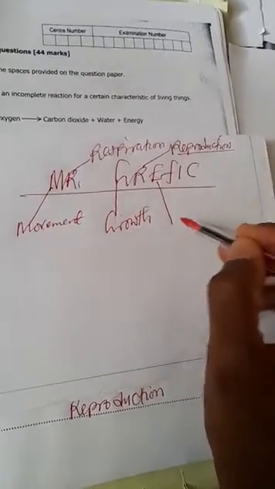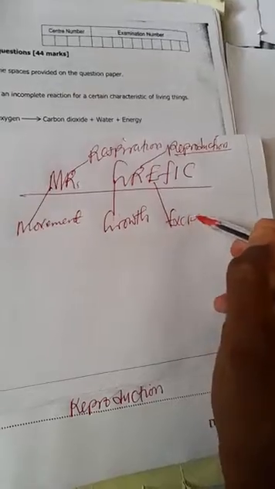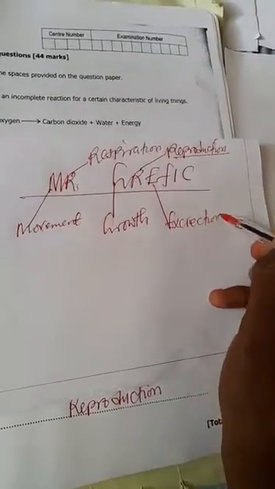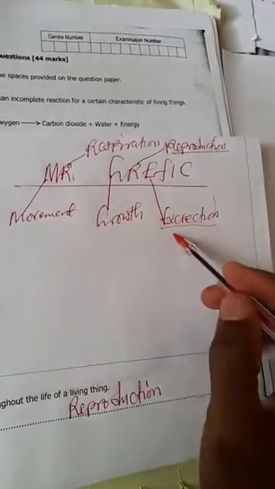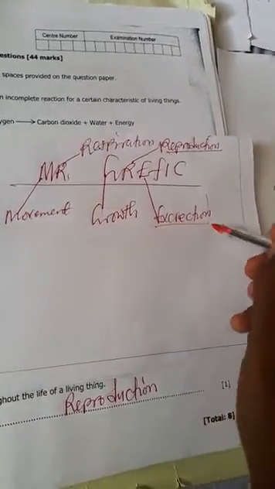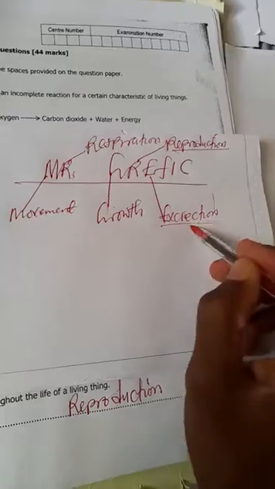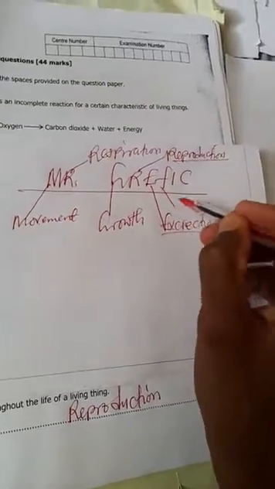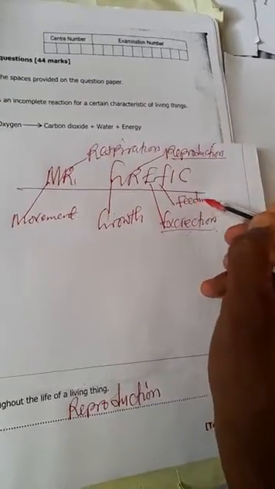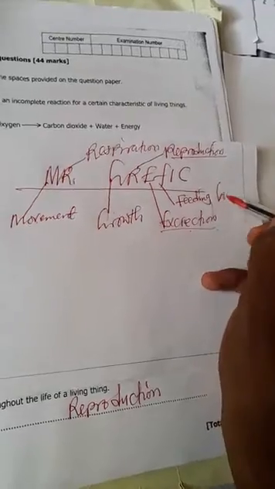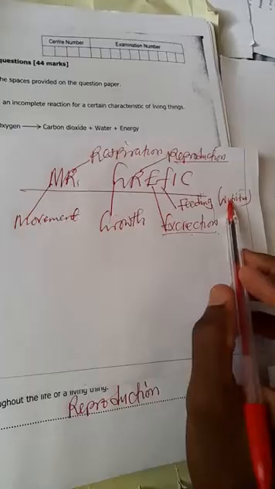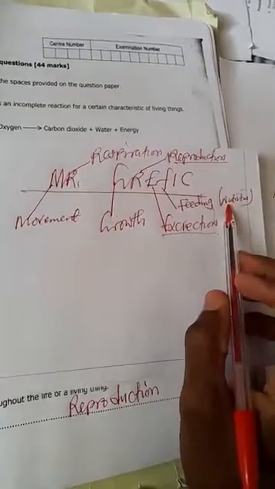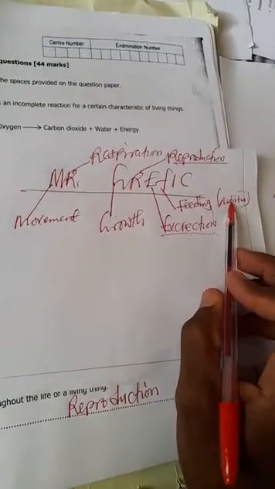We pick this one. This stands for excretion. This is the process by which toxic metabolic wastes are removed from the body of the living organism. F will go for feeding. Feeding or nutrition. Nutrition is the process by which living organisms obtain food.